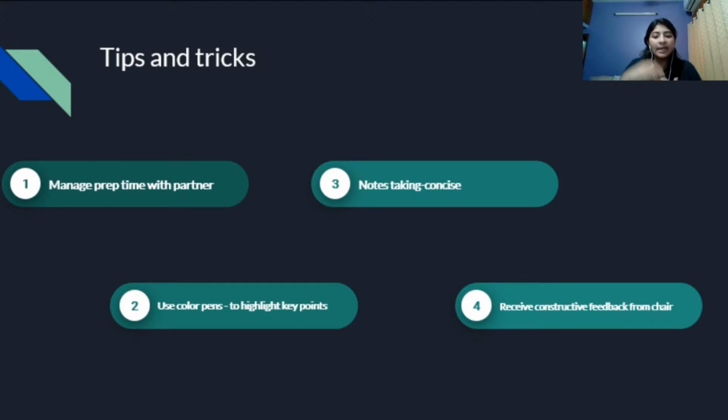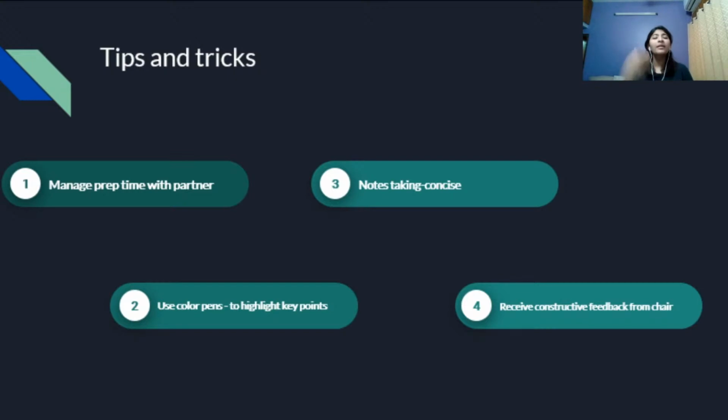You have to discuss and come up with proper key points that both of you can analyze. And supposing the first speaker doesn't get to analyze it completely, the second speaker can continue that analysis and make sure the flow goes on. During this prep time, you talk to your partner and say, this is what I think the crux of the debate is. What do you think?